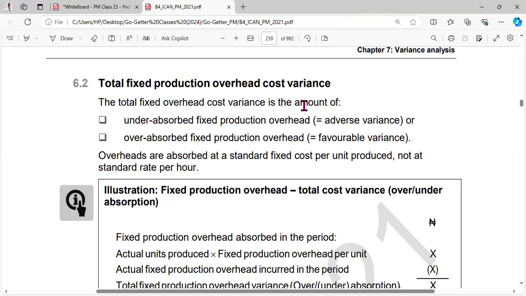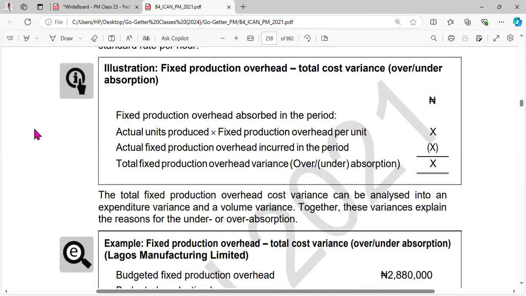So now let's look at it now. Fixed overhead absorbed in the period. That's what we want to calculate. This is the actual units produced, because we're using a flexed budget, right? Actual units produced multiplied by fixed overhead per unit. This is the standard cost per unit or the overhead absorption rate. You multiply it with the actual units produced. You have the amount here. Then the actual fixed production overhead incurred in the period.